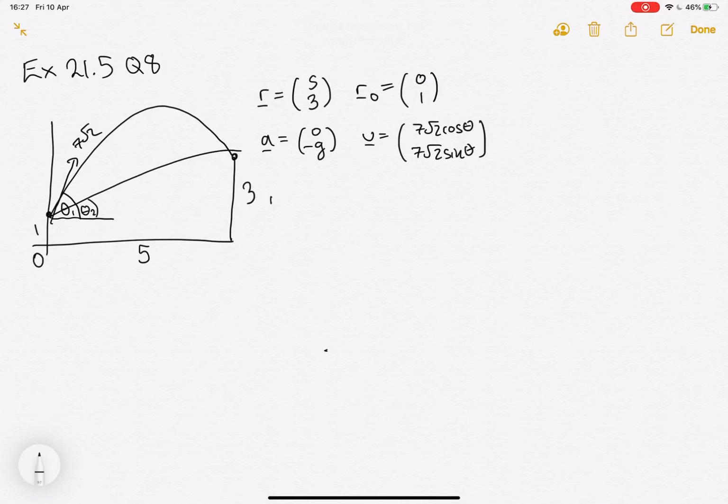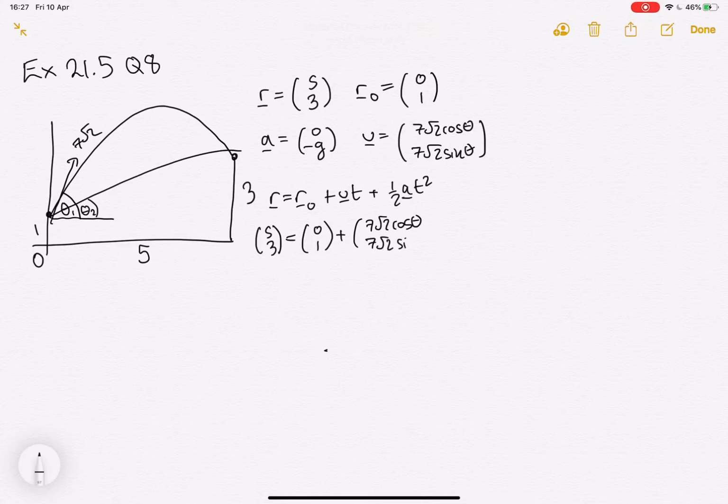And if we put this information into r equals r0 plus ut plus a half a t squared, we get (5, 3) equals (0, 1) plus (7 root 2 cos theta, 7 root 2 sine theta) multiplied by t, plus a half of (0, minus g) t squared.